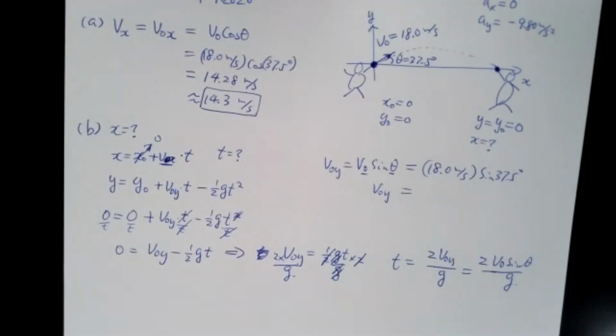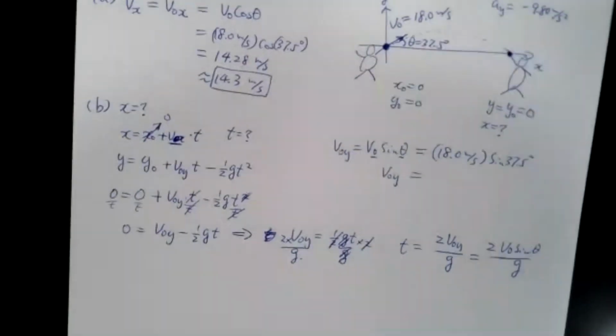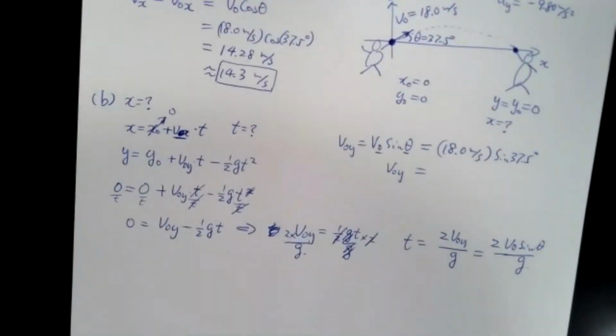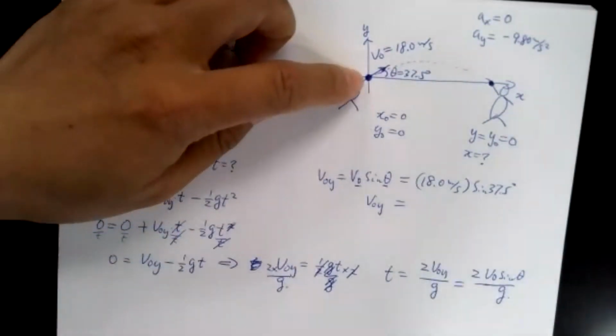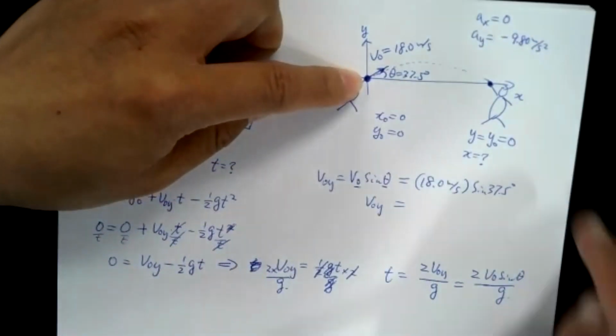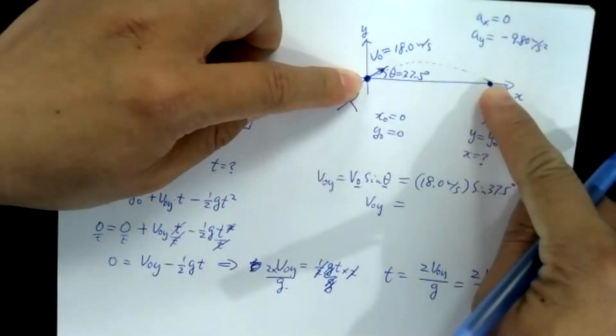I'm doing it this way because this is universal. It doesn't depend on your v0 and your theta, so it applies to whatever v0 and theta are given. So this is the general formula for projectile motion, but it only applies when the initial and final positions in the y direction are at the same level.